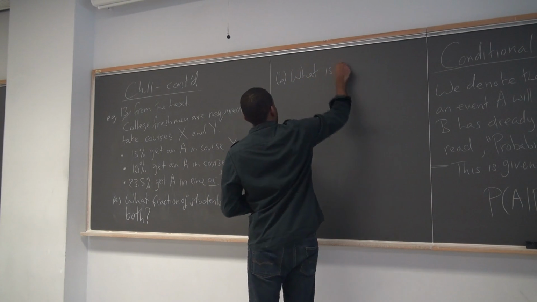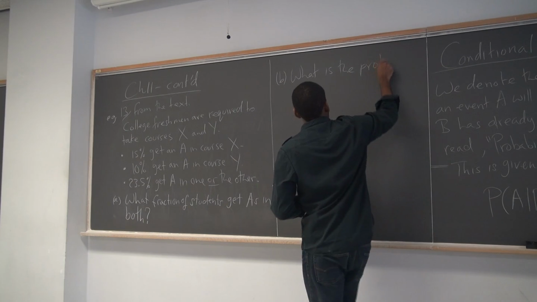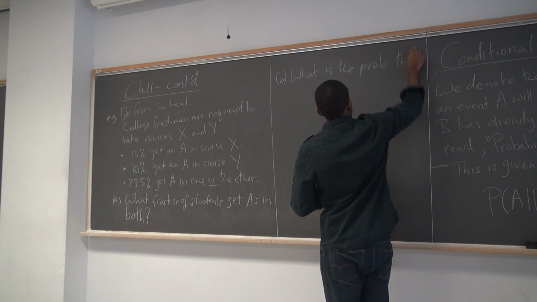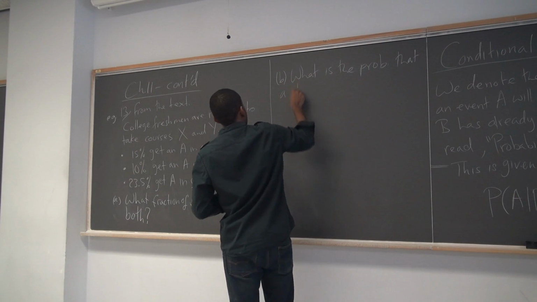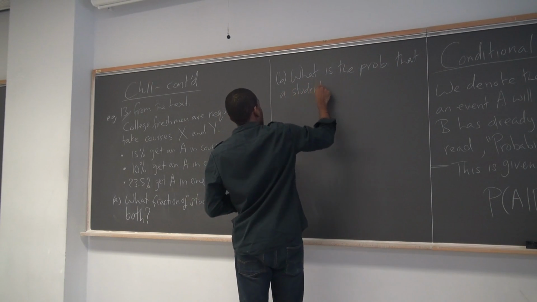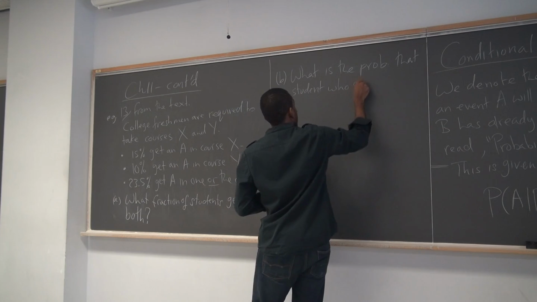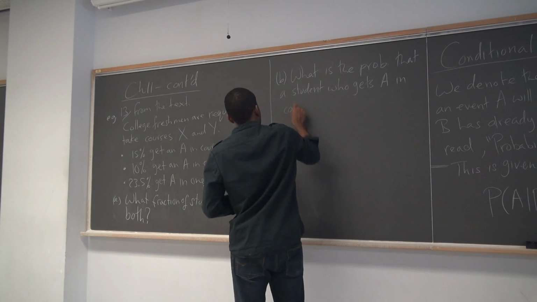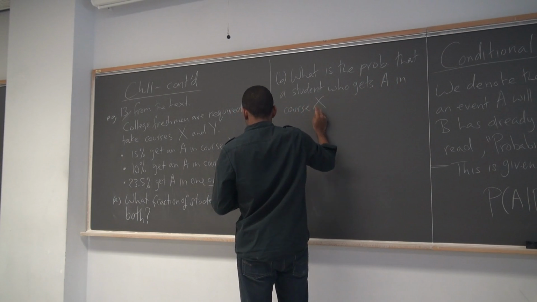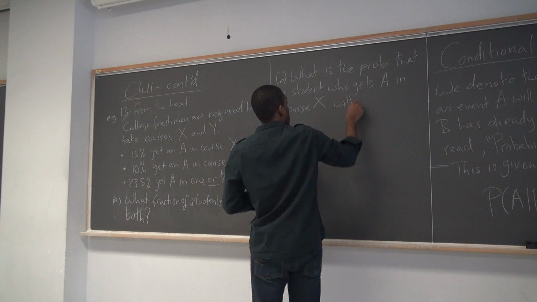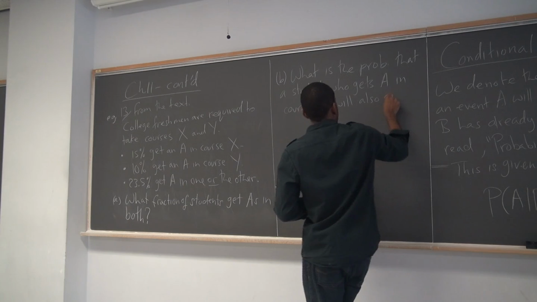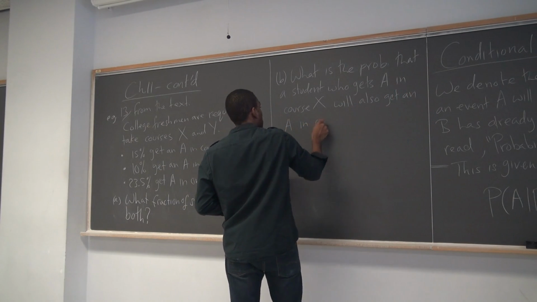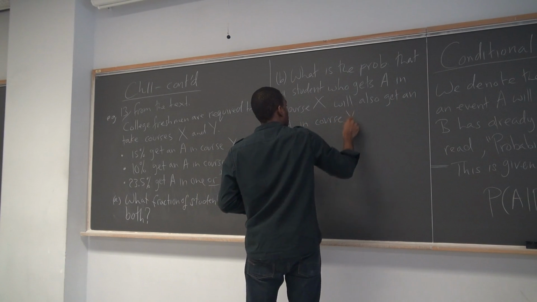What is the probability that a student who gets an A in course X will also get an A in course Y?